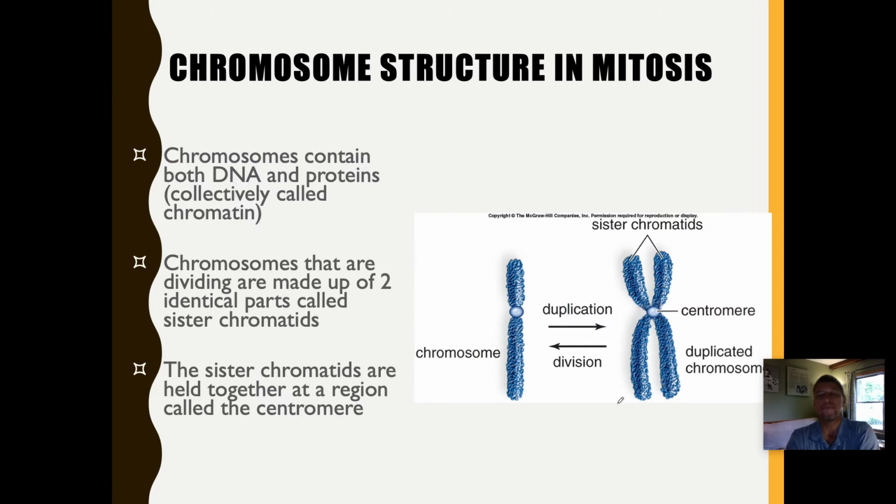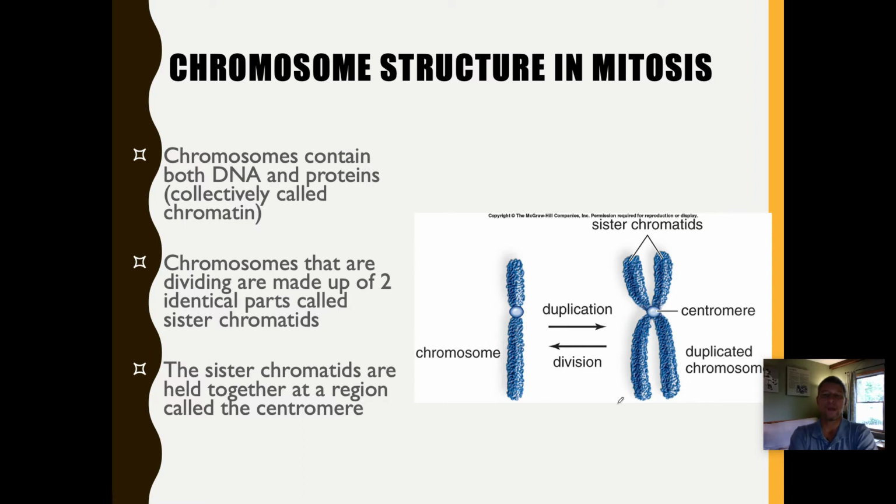Now, the chromosomes themselves contain DNA and protein. Most students, for some reason, are under the illusion that chromosomes only are made of DNA, and that's not really true. The DNA itself is wrapped around specialized proteins called histones, and together, the DNA and the histones make up a material we call chromatin.